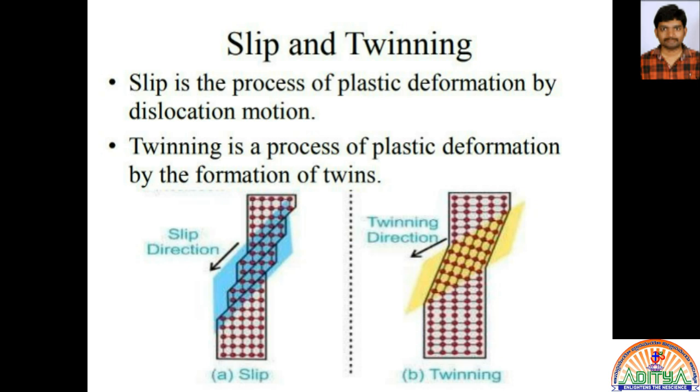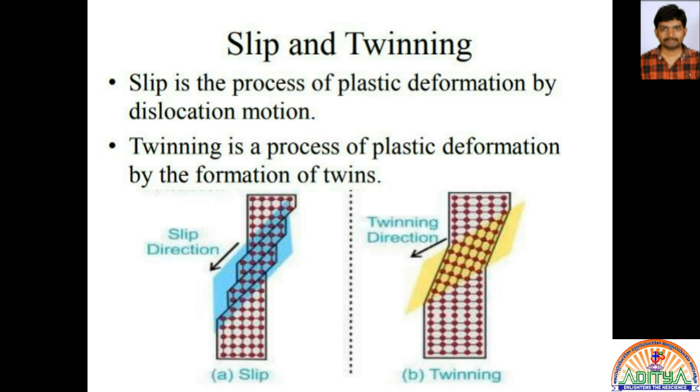And coming to the next point, twinning. Twinning is a process of plastic deformation by the formation of twins. Twins are regions of the crystal lattice that are mirror images of each other.